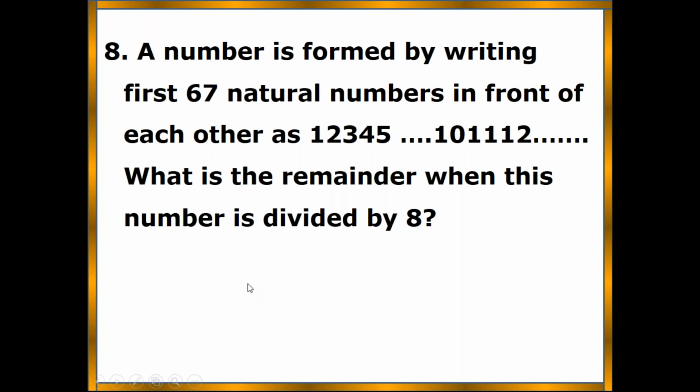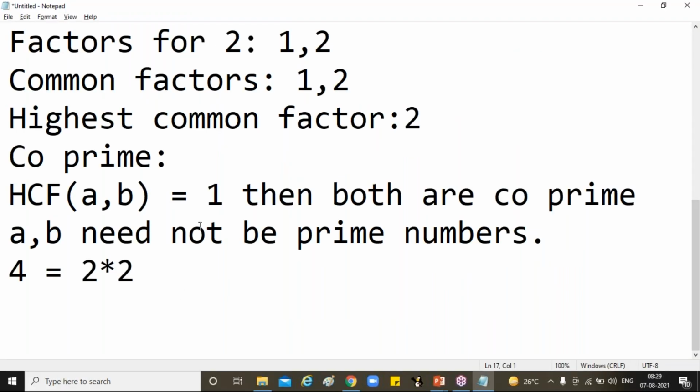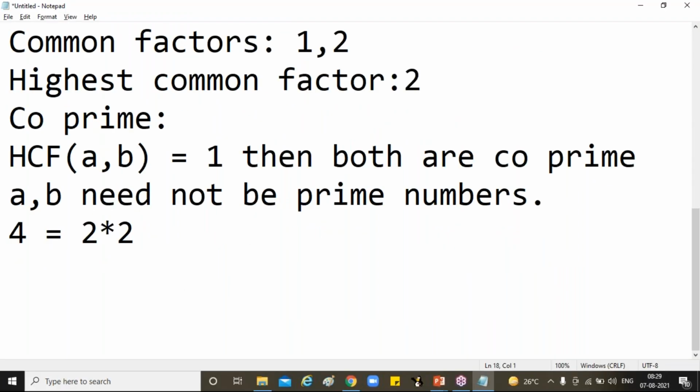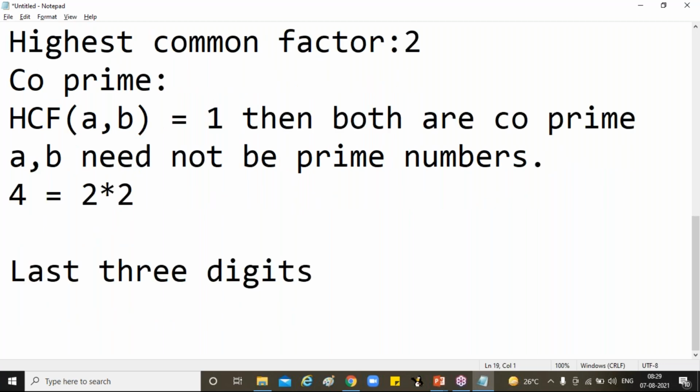Please understand, whether it is a 3-digit number or a 4-digit number, any number of digits, if it is being divided by 8, you have to focus on the last 3 digits only. Yesterday I already explained this.